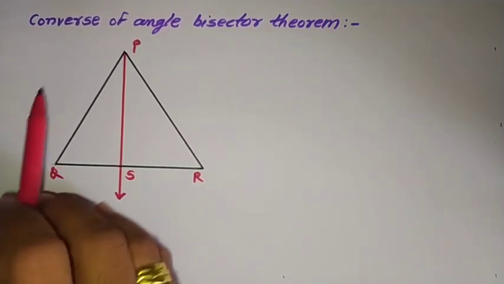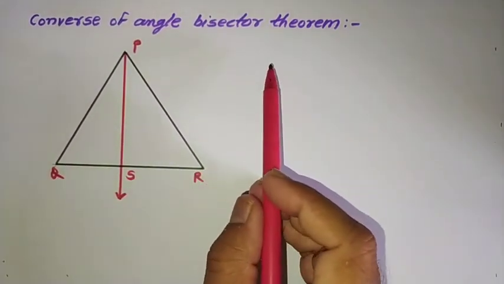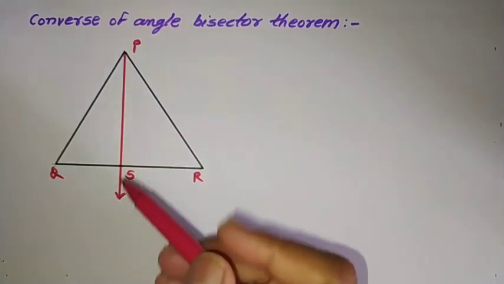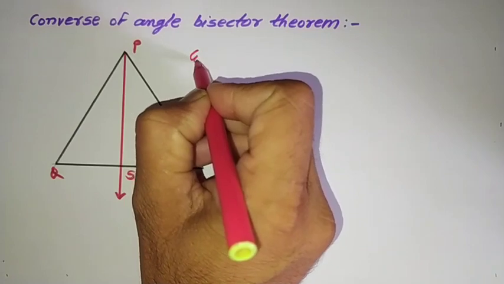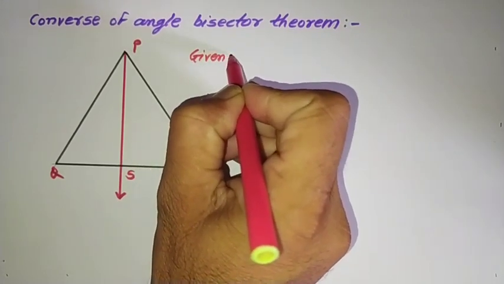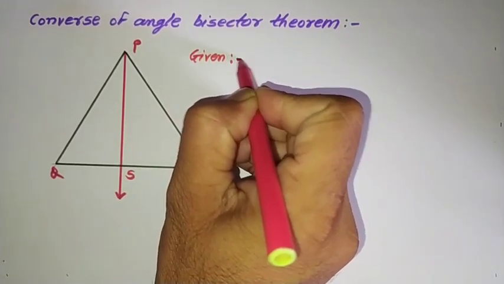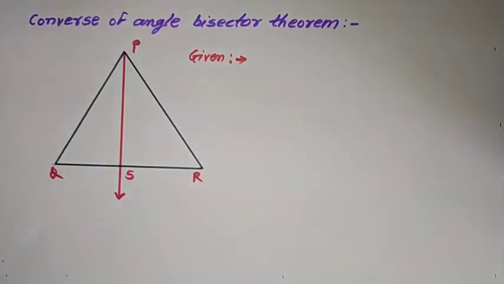See the converse of the angle bisector theorem.